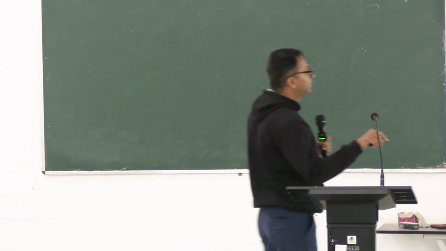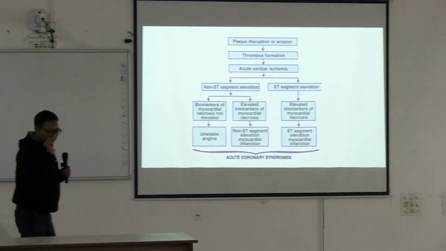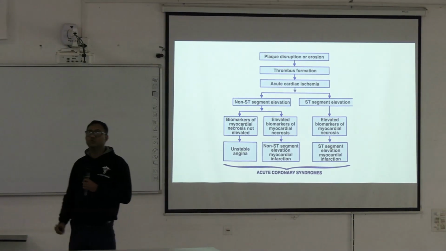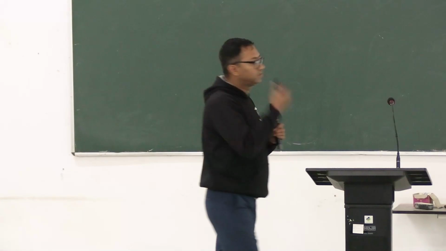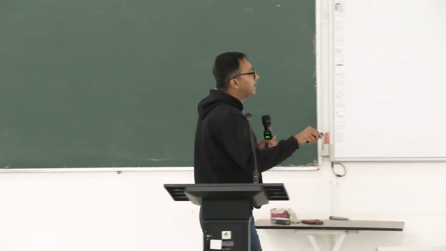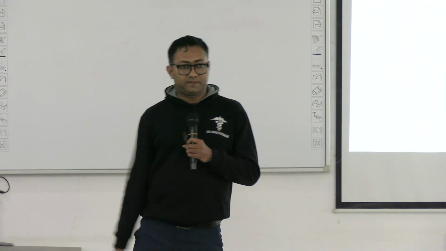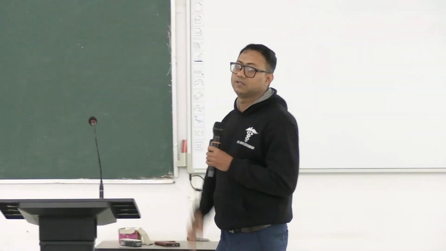So this thrombus lodges into the tiny myocardial blood vessels, the coronary circulation. They get stuck in the coronary circulation, right? So there is a blockage, and it leads to acute cardiac ischemia. Ischemia means lack of blood supply. So the tissue suffers hypoxia, right?